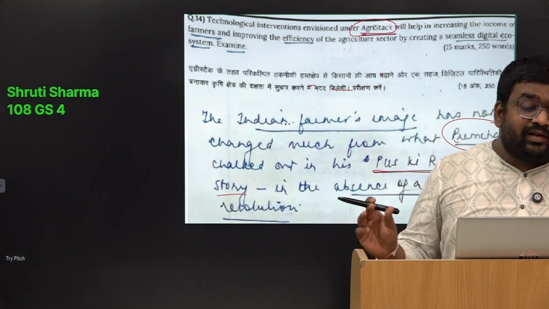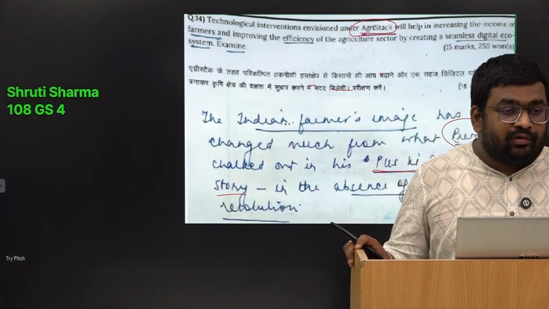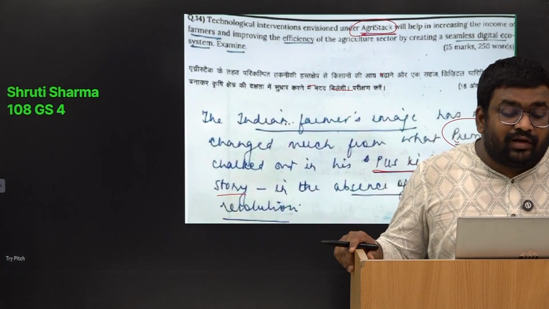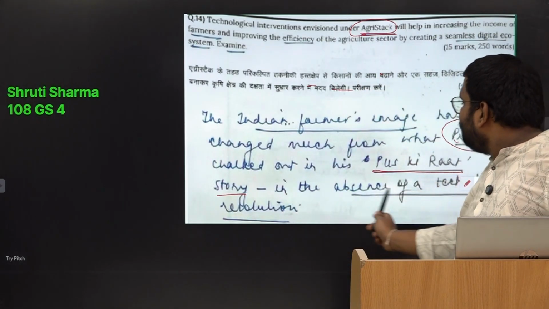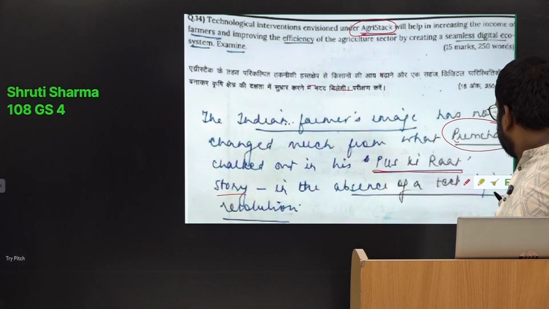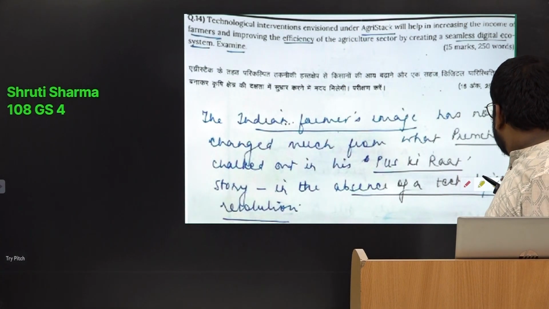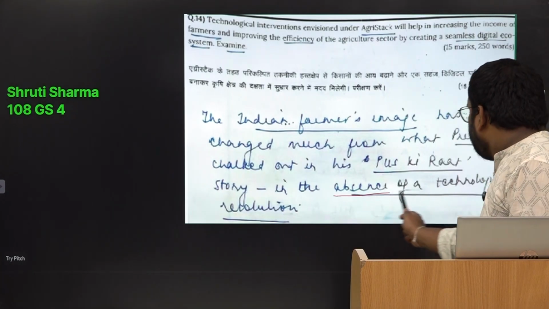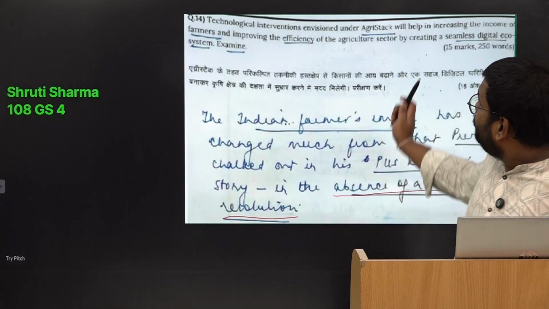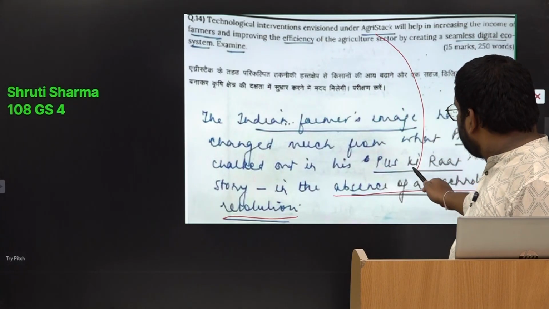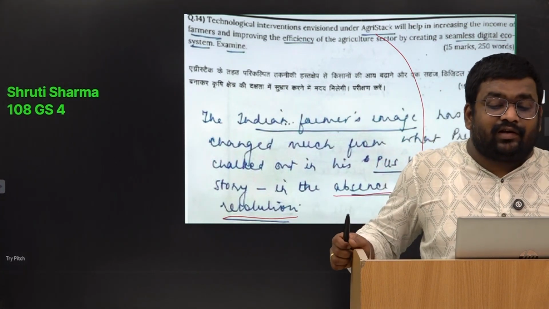Basically she is saying that the conditions of Indian farmers have not improved since Premchand's Uski Raat story. And then she has linked it to the core demand in the absence of technological revolution.